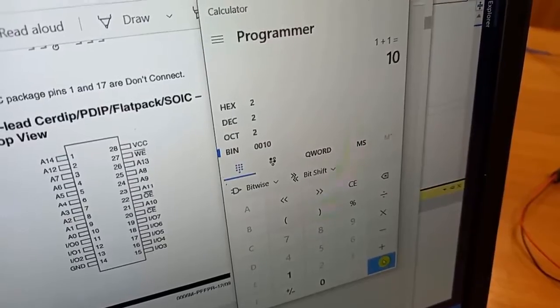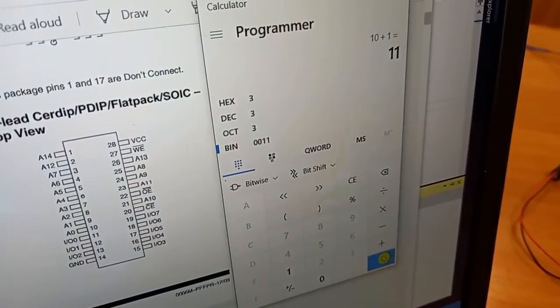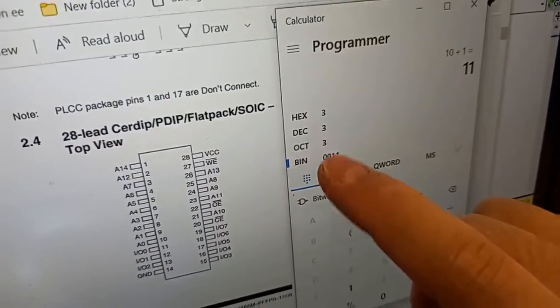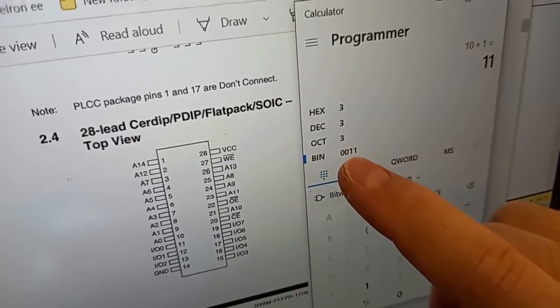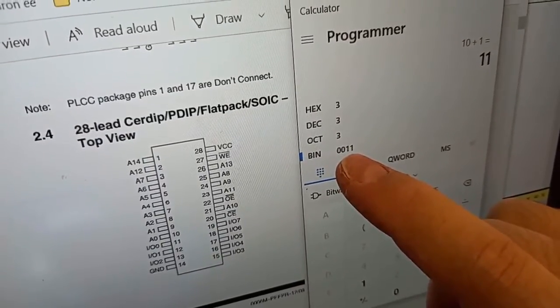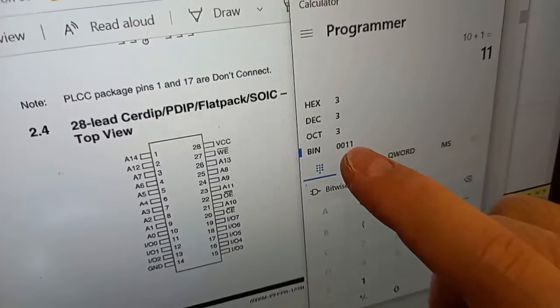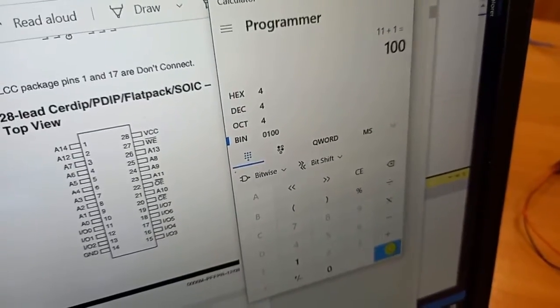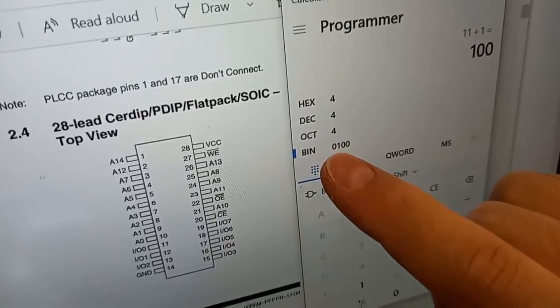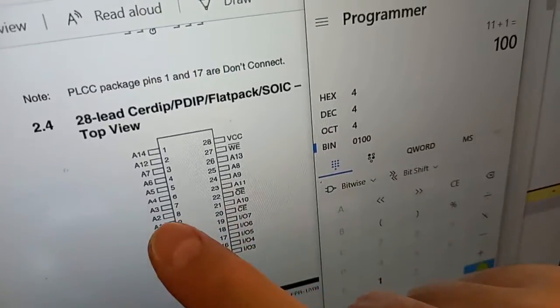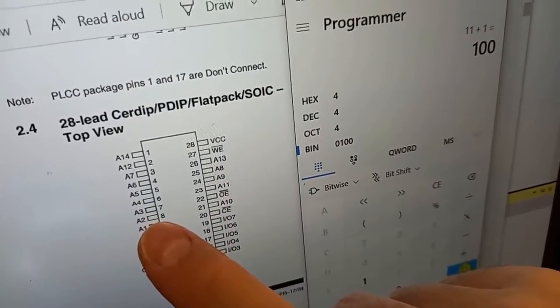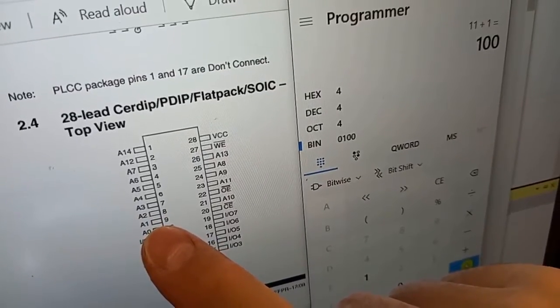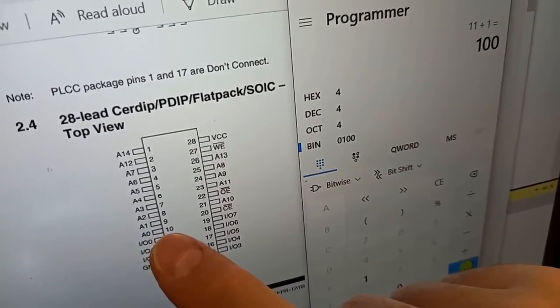If we add one more, address number 3 means that we have 1 at A1 and 1 at A0. If we have 4, that means we have 1 at A2, 0 at A1, 0 at A0.